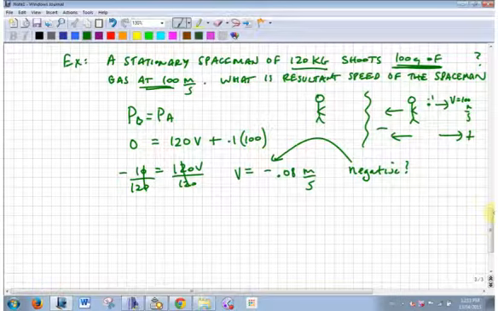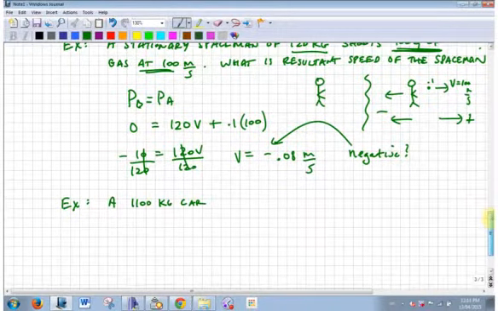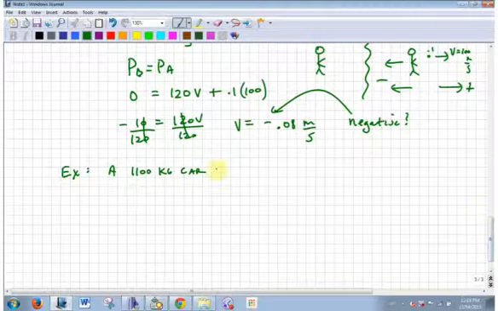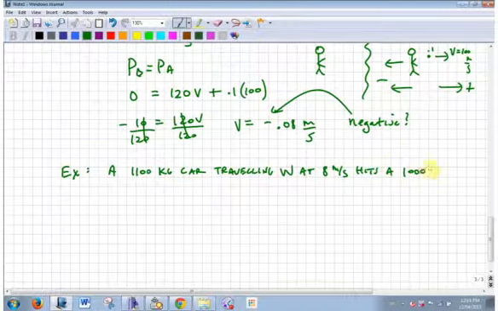Last one. Now let's look at some energy. A 1,100 kilogram car traveling west at 8 meters a second hits a 1,000 kilogram car at rest.